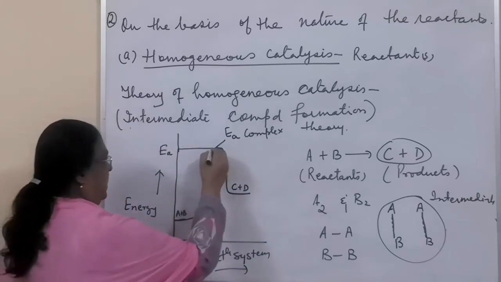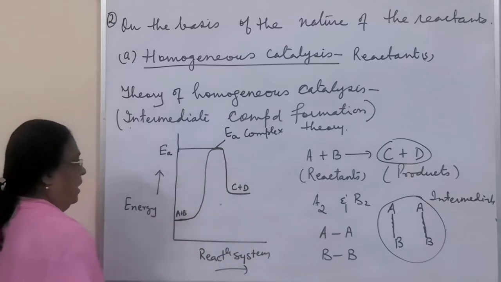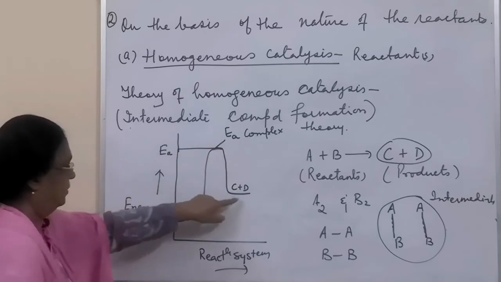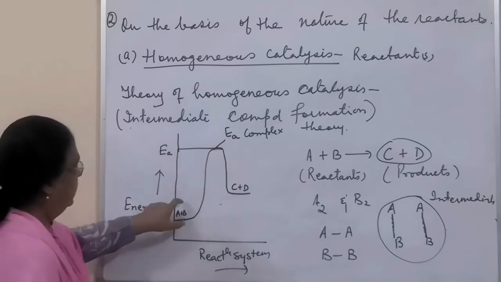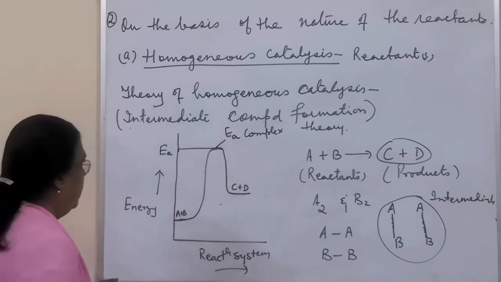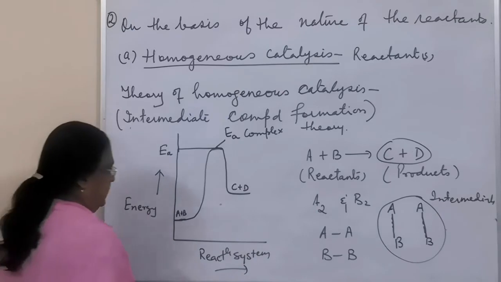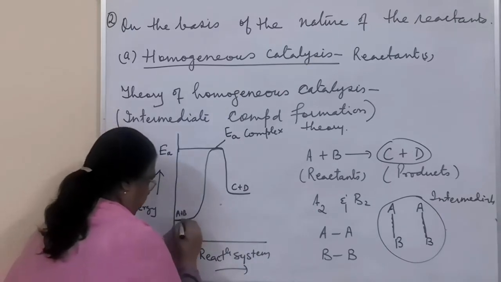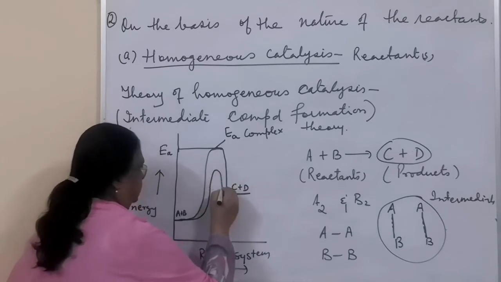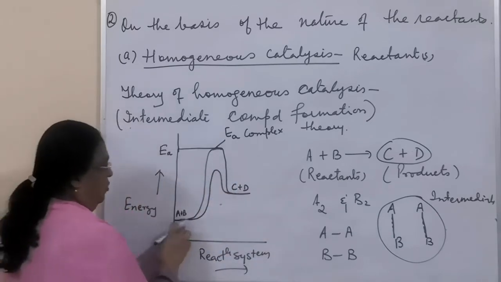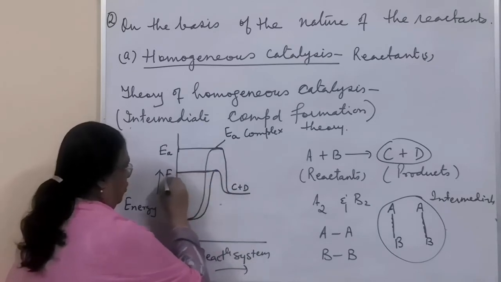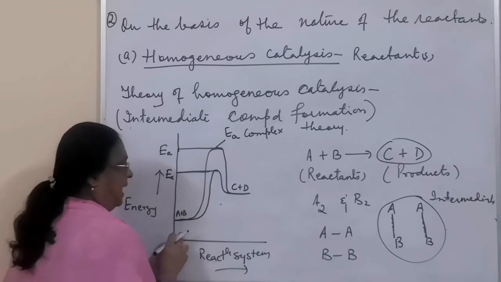So this much energy is required. This is the minimal activation energy they needed for AB to be converted into CD, and when they attain it, the activated complex is formed. When we use a catalyst along with this, the activation energy is lowered. They don't need so much activation energy now, because of the catalyst.